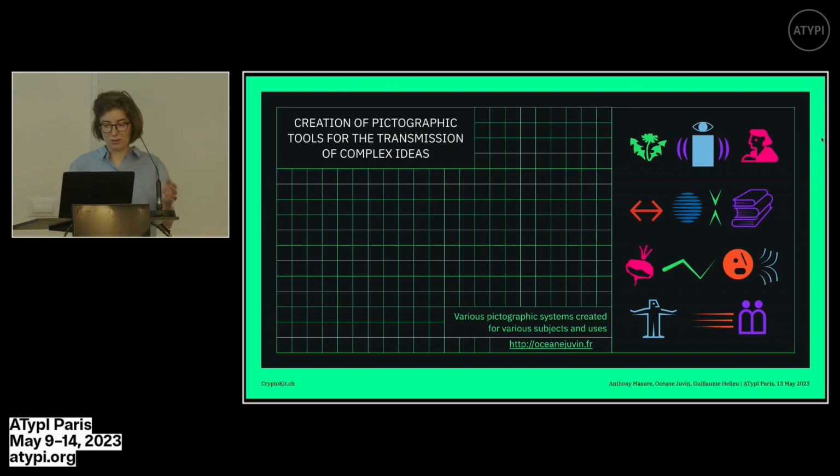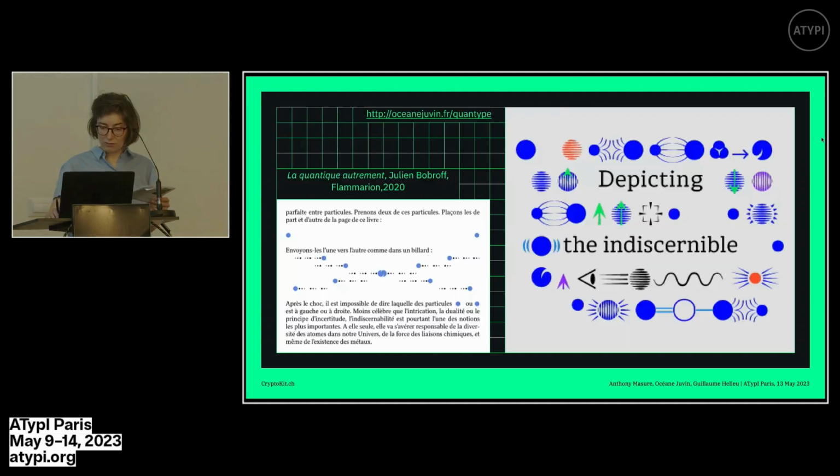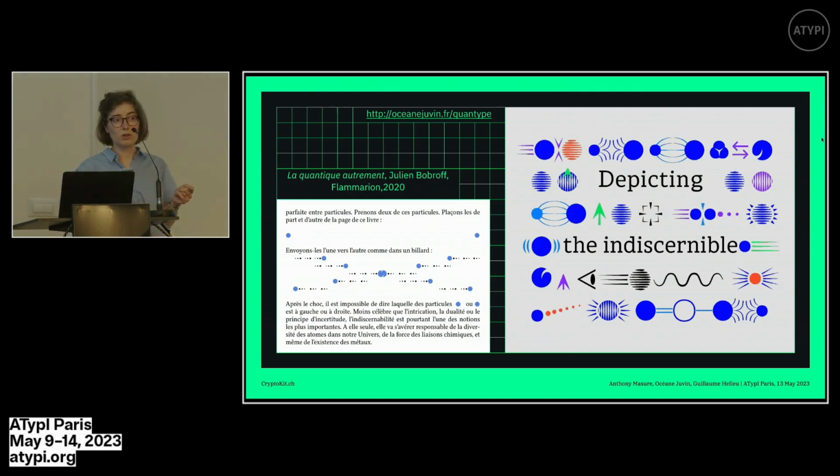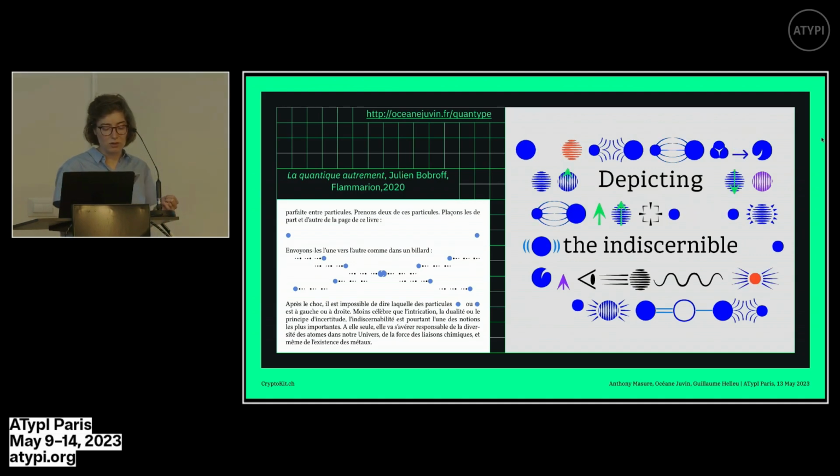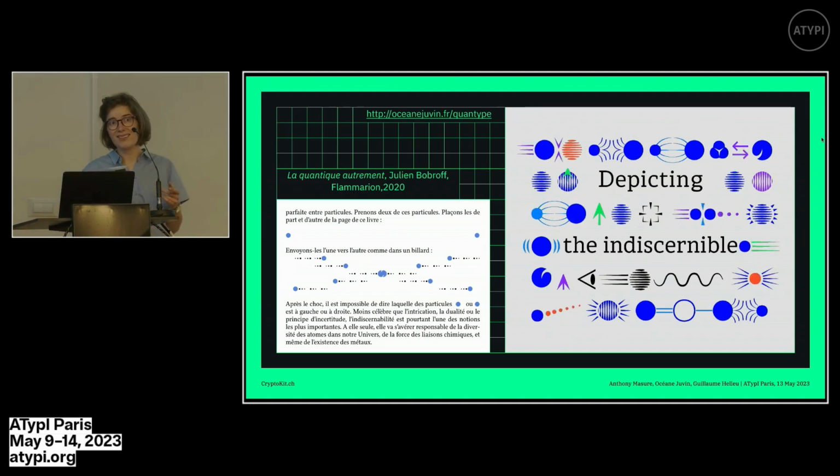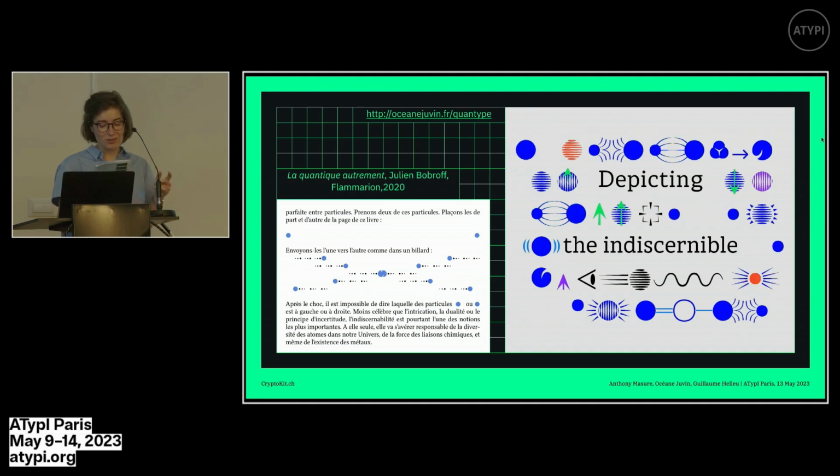You have some signs here, but you can see more on my website, on the portfolio that is on the slide. As part of this practice, I developed a research project on quantum mechanics in collaboration with the physicist Julien Bobroff from CNRS between 2019 and 2021 at ANRT in Nancy, the National Workshop of Typographic Research.